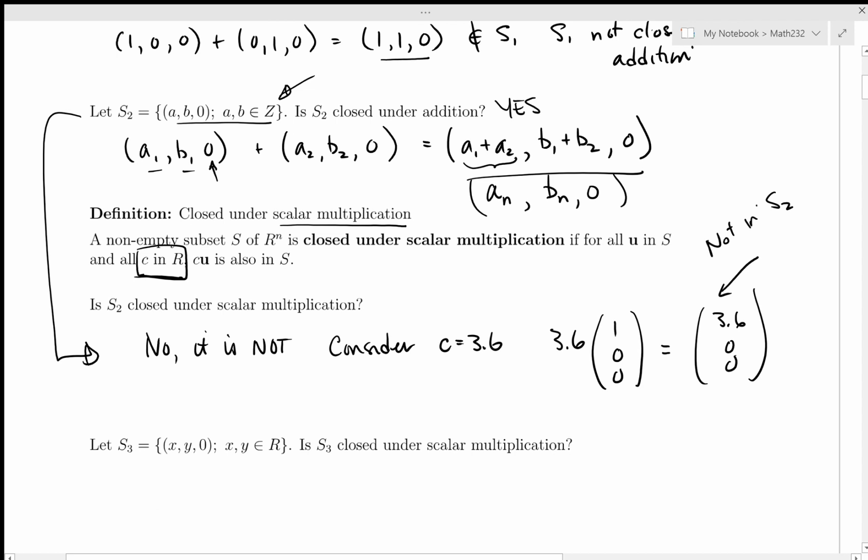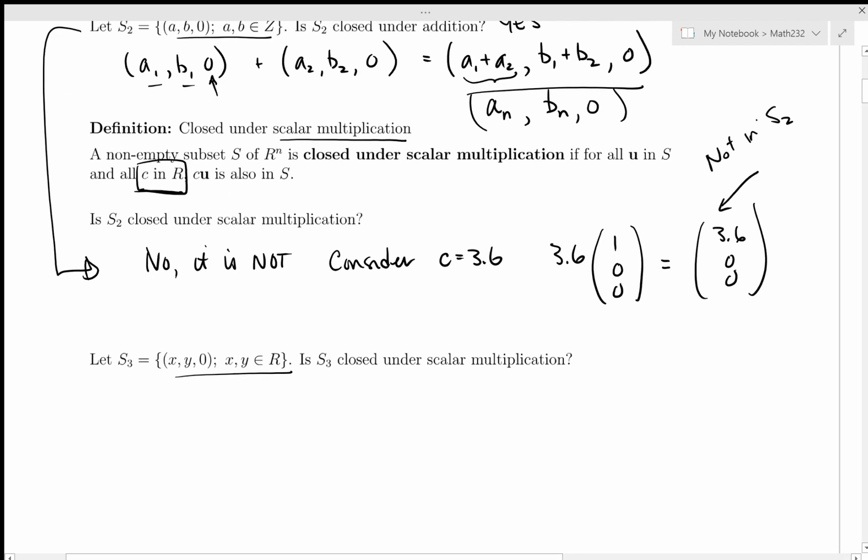Okay, let's consider a new set, S3. These are all the vectors, the infinite supply of vectors, which have a 0 in the third dimension, but the x and the y are real numbers. Is this closed under scalar multiplication? Yes, because if I take any real number c in R, and I take c times x and c times y, this will be in R and this will be in R. I multiply two real numbers together, I get a real number.